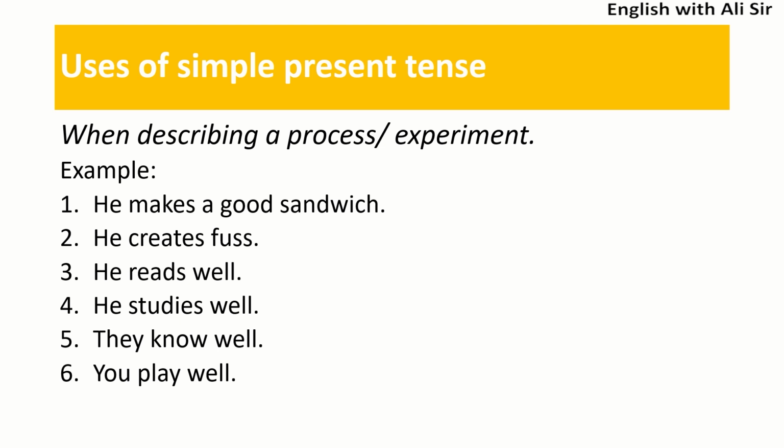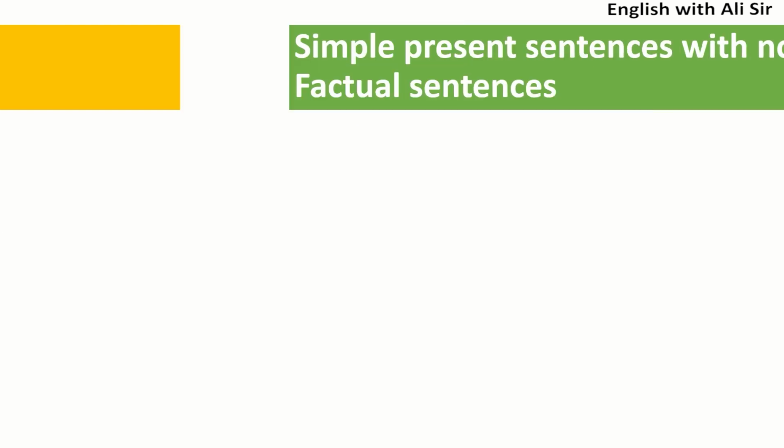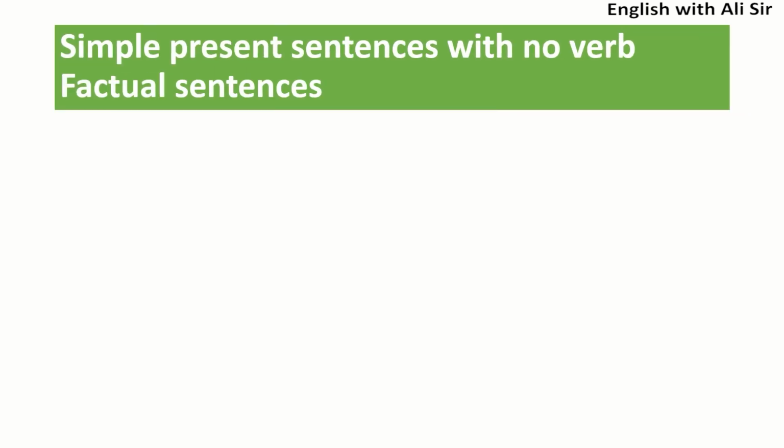There are simple tenses which do not carry verbs, and they don't have any passive voice. For example, if we take a sentence which does not carry any verb, we cannot make a passive voice of it.